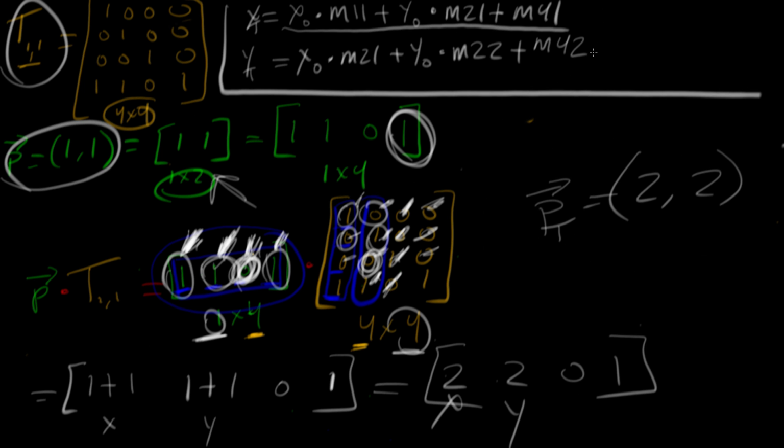So that is the math for the y translated component. So x original times m12 plus y original times m22 plus m42. That is the math for the y translated value.